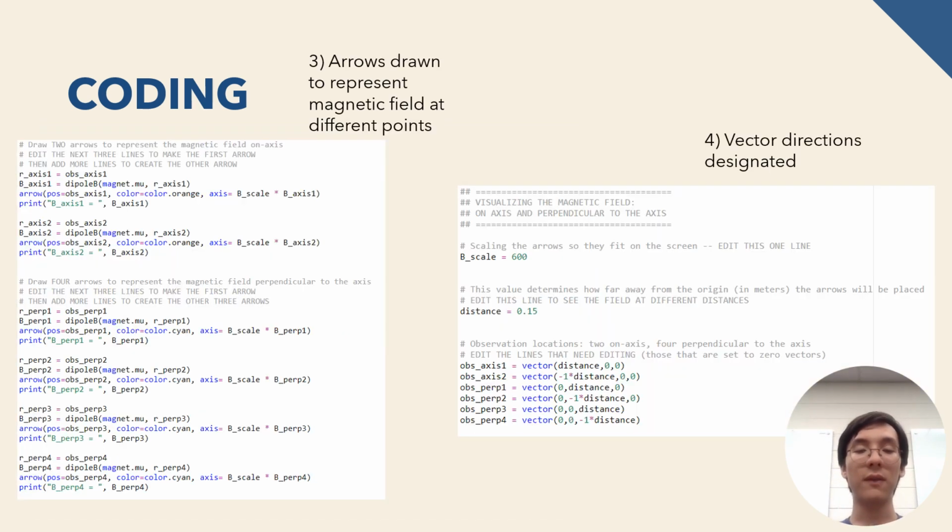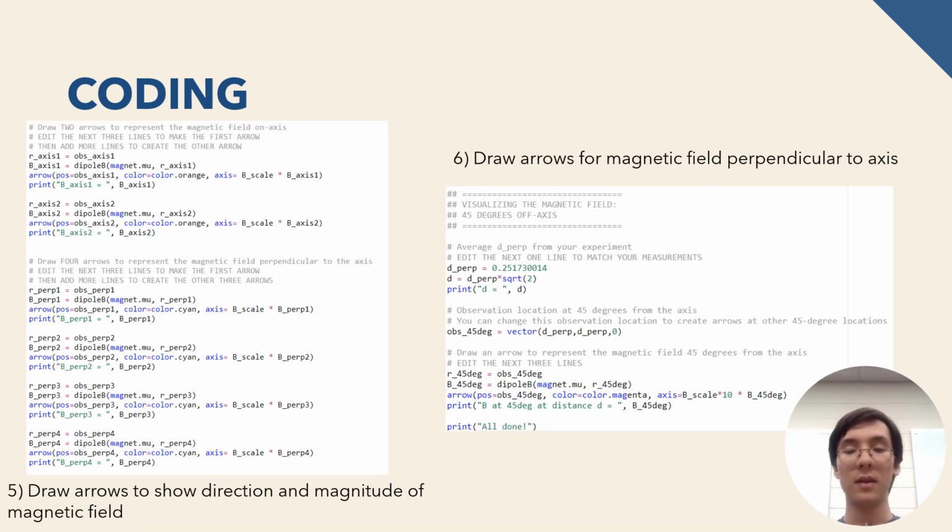Then we draw a number of arrows on the axis of the dipole and perpendicular to the axis of the dipole to represent field strength and direction at those points. We then designate some directions. Finally, we calculated the magnetic field perpendicular to the axis using this formula, which basically finds the magnetic field based off of the distance, that original formula that I had given.